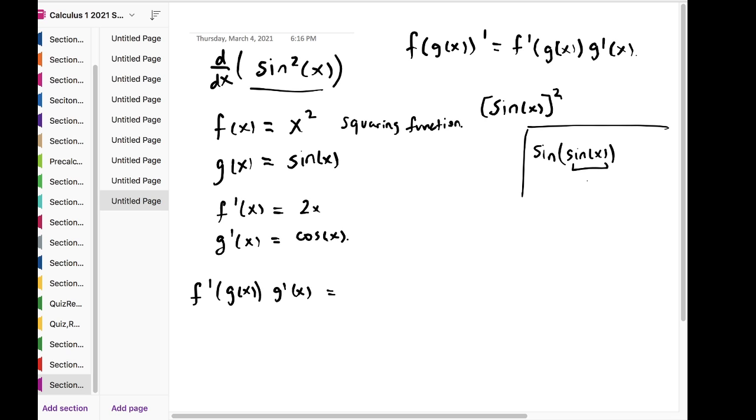You're plugging in g of x, not g prime. So you're plugging g of x into f prime, so it's 2 sine of x. And then you multiply by cosine, that's g prime. And that's the double angle formula, sine 2x. Okay, questions about that?